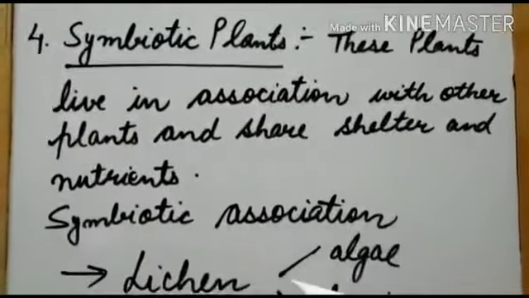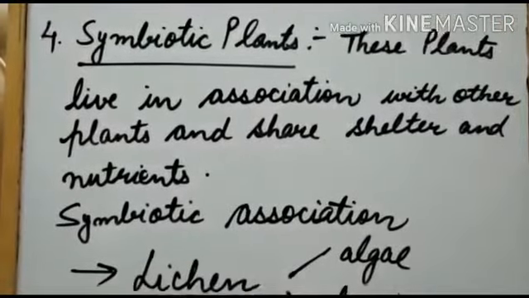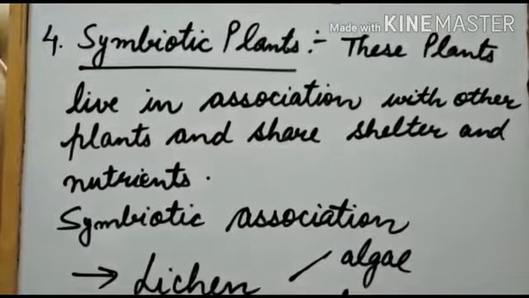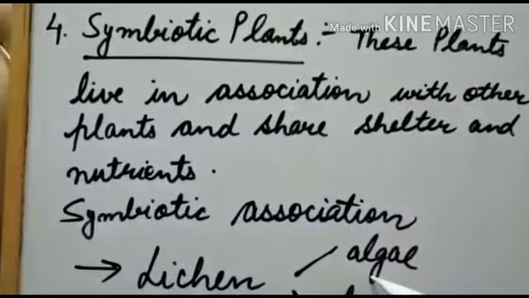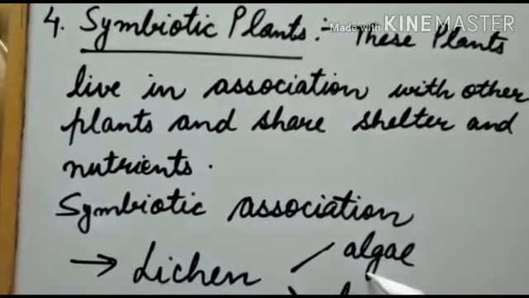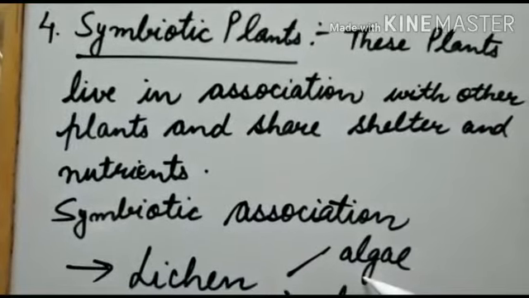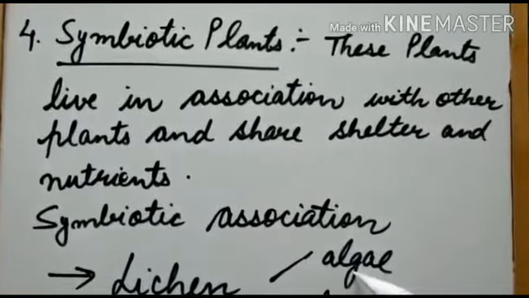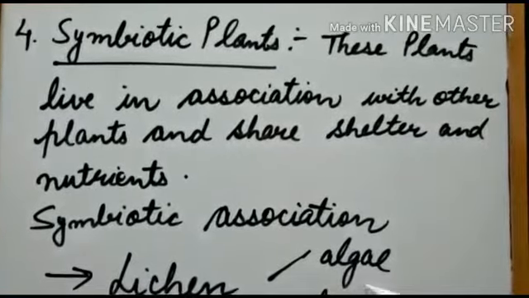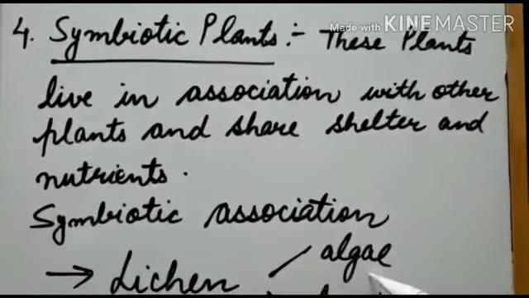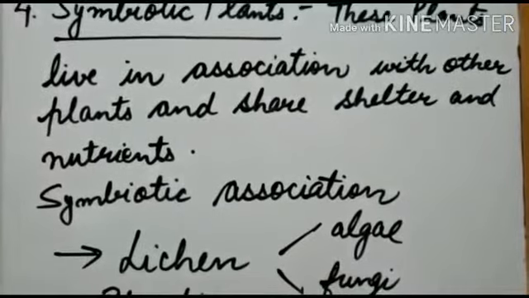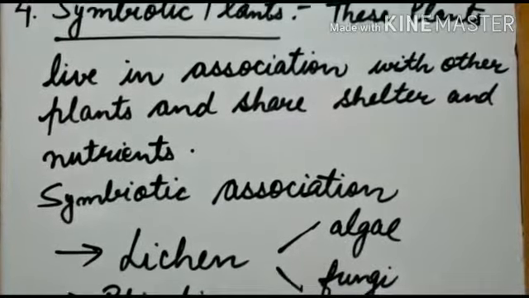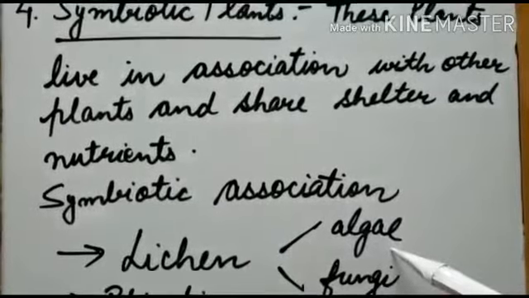For example, lichen. In lichens, algae and fungi share a symbiotic relationship. The green algae prepare food by photosynthesis, as they are green in color, and in turn the fungi absorb water and minerals and supply them to the algae.